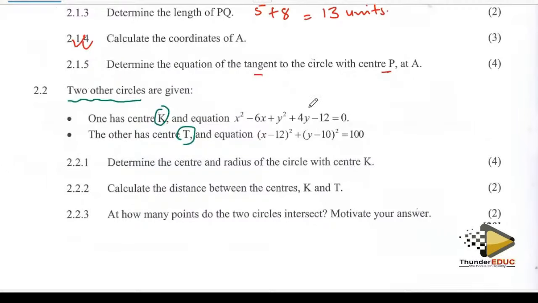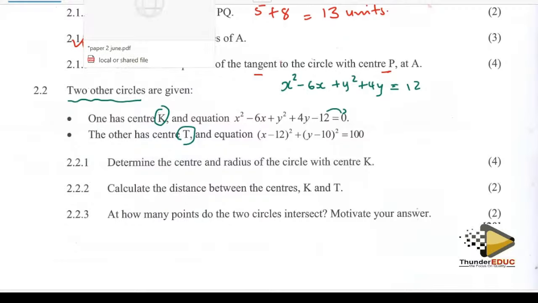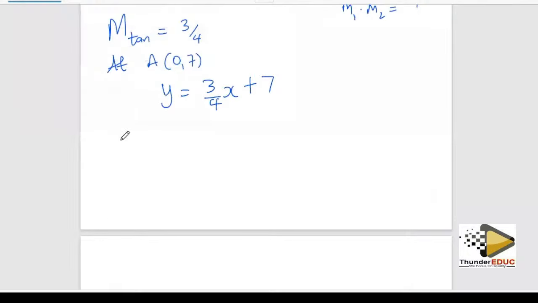I don't know how one would approach this, but I would always prefer moving the 12 to that side. So I'll have x squared minus 6x plus y squared plus 4y is equal to 12. Let me just write this on this side.